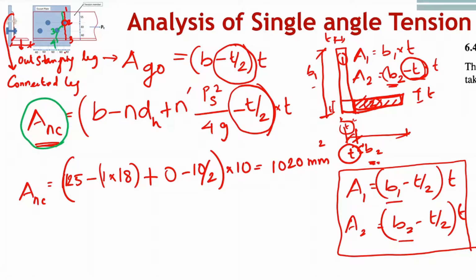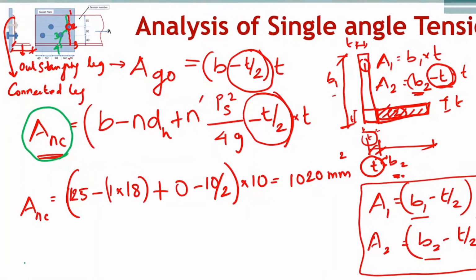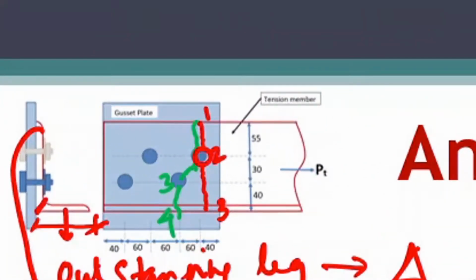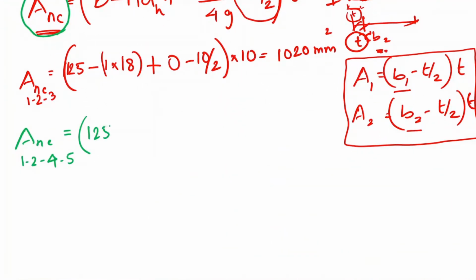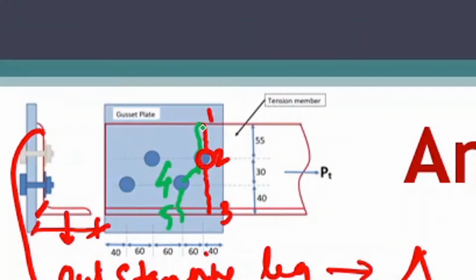Similarly, let's calculate the net area of the connected leg for the cross section 1, 2, 3, 4. Sorry, let's name this 1, 2, 3, 4, 5. Okay, 1, 2, 4, 5. Now the net area of the connected leg for section 1, 2, 4, 5 is 125 minus how many holes are there in our critical path? There are two bolts.